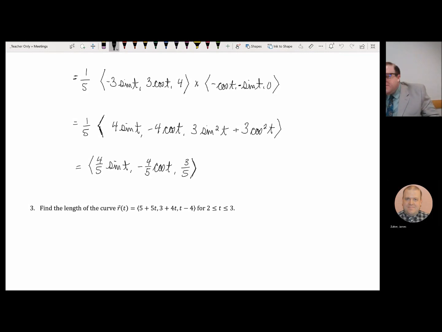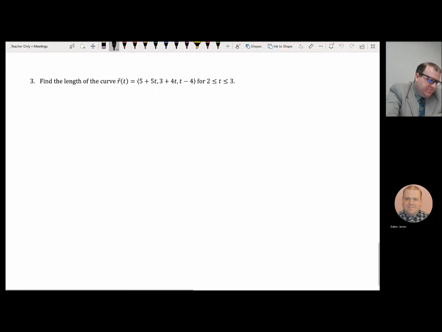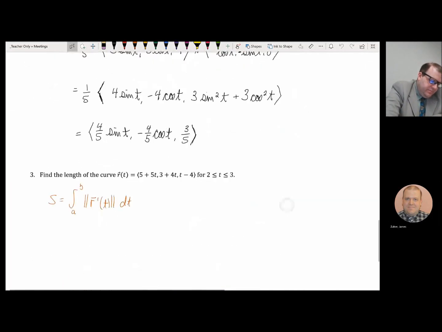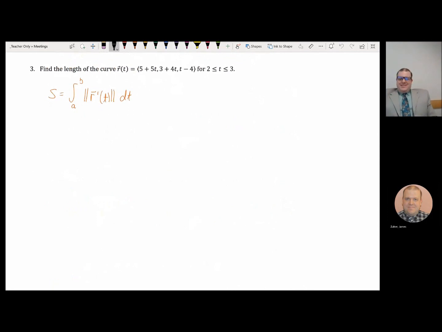Right, so finding length of a curve. This is an extension from Calculus 2.